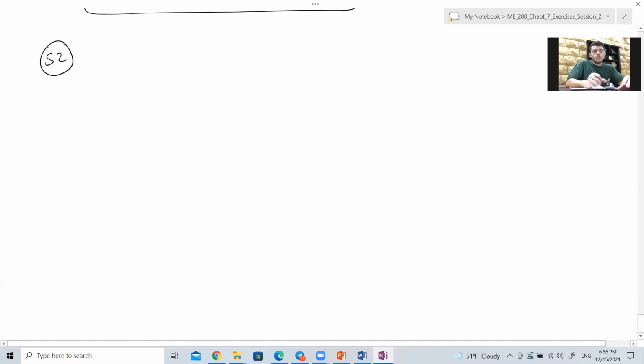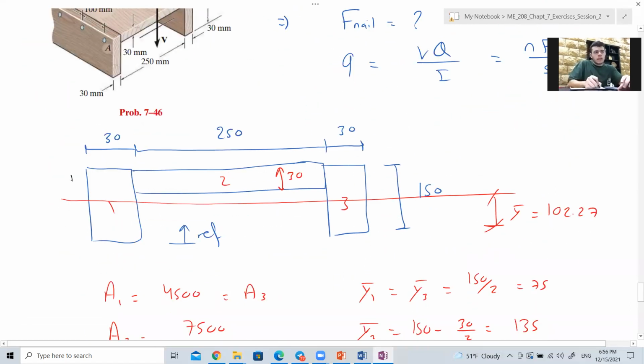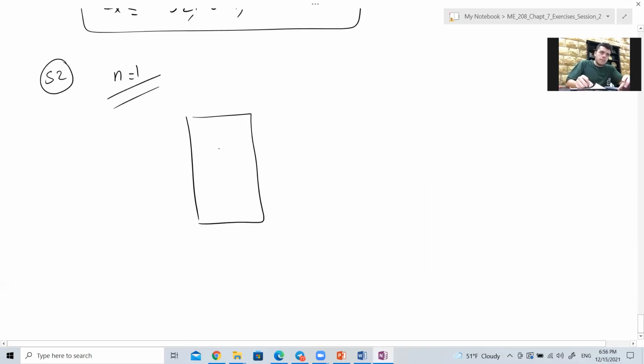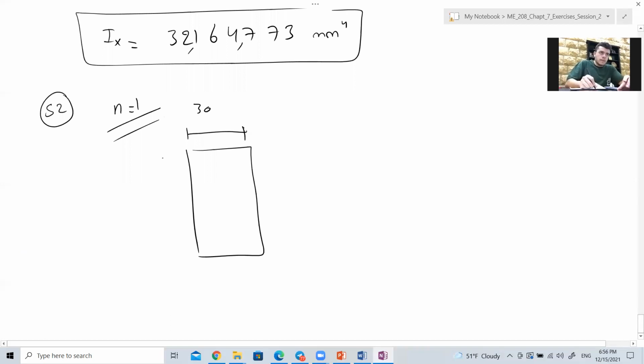Step 2. We need to remove the pin. Right? You have a pin from here and a pin from here, so we remove only one pin. So n equals 1, and the area prime is this one, 30 by 150. The neutral axis is somewhere here. The centroid is this.